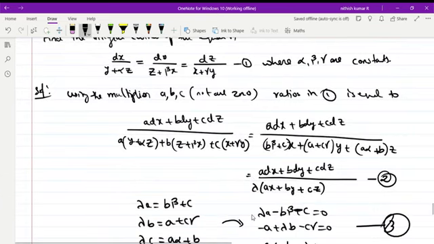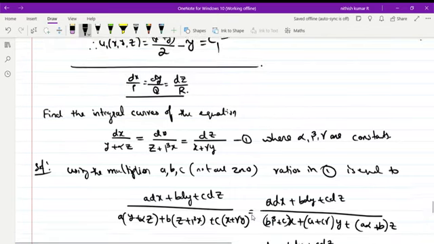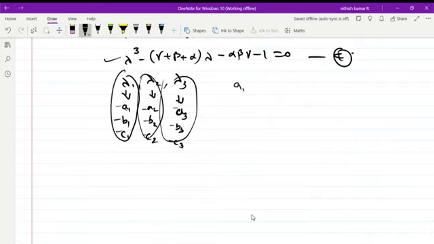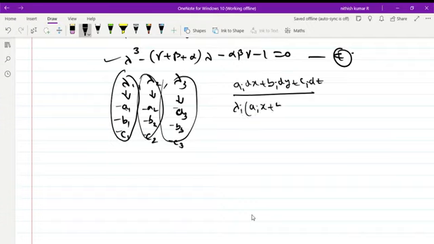This equation is already equal to this, so a1, b1, c1 and lambda 1 will satisfy this also. So let me write in general: ai dx plus bi dy plus ci dz divided by lambda i into ai x plus bi y plus ci z, where i is equal to 1, 2, 3 with respect to lambda 1, lambda 2, lambda 3.